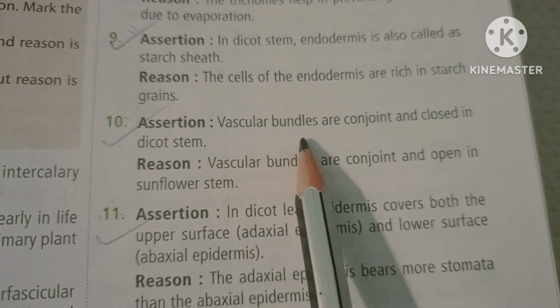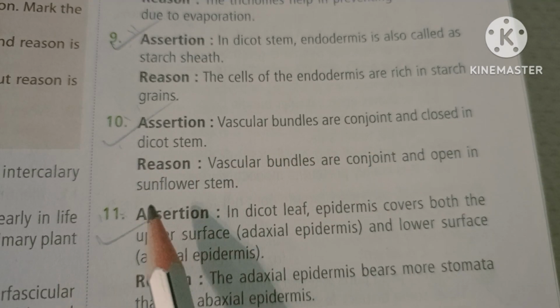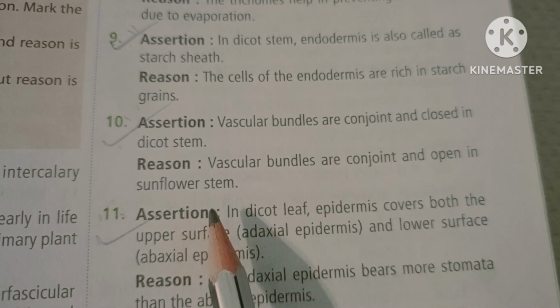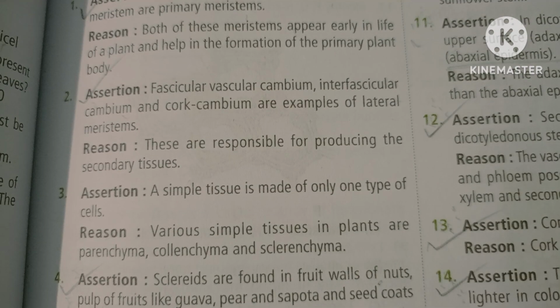Assertion: Vascular bundles are conjoined and closed in dicot stem. Reason: Vascular bundles are conjoined and open in sunflower stem. Assertion: In dicot leaf, epidermis covers both the upper surface, adaxial epidermis, and lower surface, abaxial epidermis.